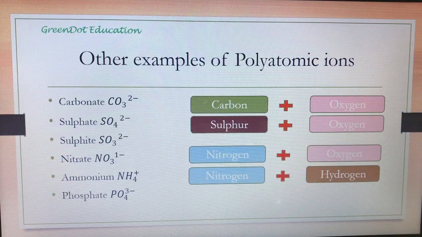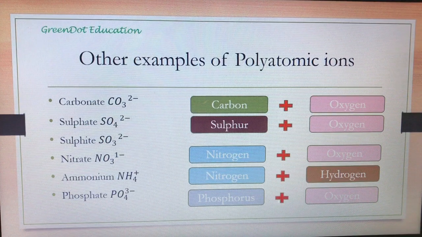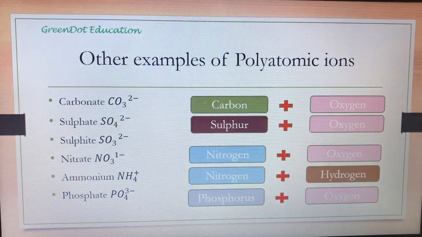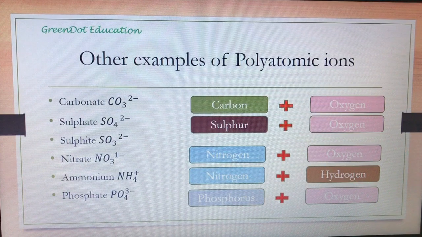Then we look at the phosphate ion. Phosphate is a combination of phosphorus and oxygen, and here one phosphorus atom combines with 4 atoms of oxygen and forms the phosphate ion, which is negatively charged and has 3 as a valency. In this way there are many more polyatomic ions, which may contain ions of more than 2 elements, and hence we can say that there are a lot of polyatomic ions.